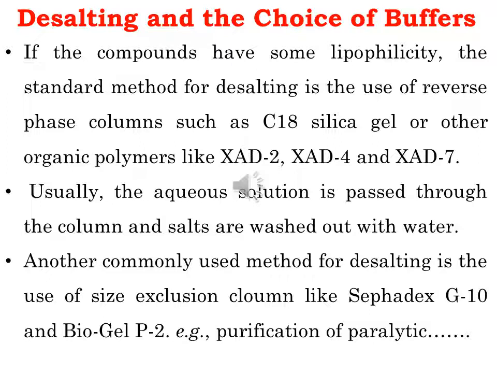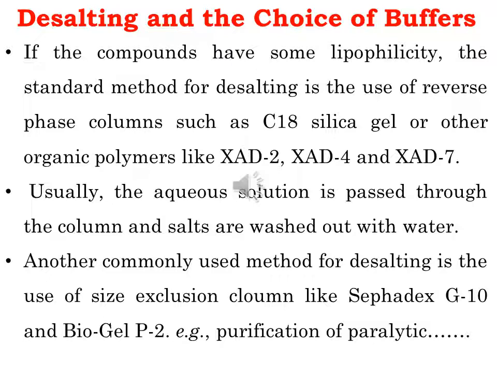Usually the aqueous solution is passed through the column and the salts are washed out with water. Subsequently, the organic compounds are eluted with a solvent system containing organic solvents. This method cannot be applied to strongly polar or ionized compounds such as polar amino acids or sugars.